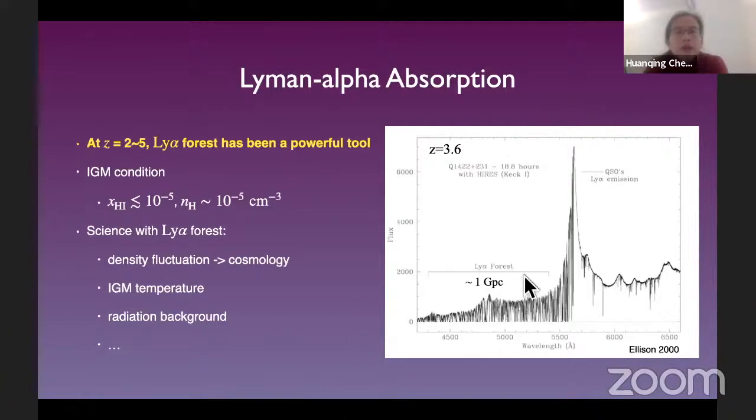By analyzing this so-called Lyman-alpha forest, we now know that the IGM at redshift 3 is in a very ionized state. We can also learn about the density fluctuations at that redshift and thus further constrain cosmology. On the astrophysical side, we can use them to measure the IGM temperature as well as the radiation background.